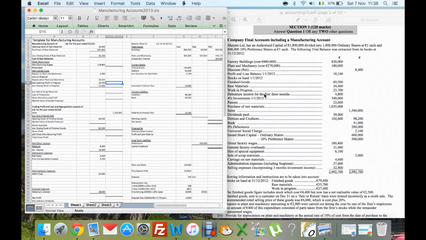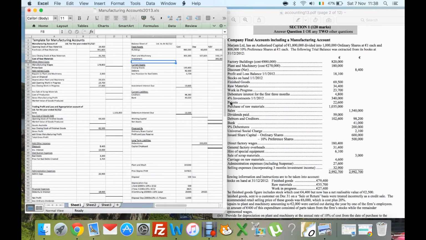Debenture interest, we've already dealt with that figure, we've adjusted that. 4% investment, 340 grand. I don't have that up here, so I'm going to just squeeze that. We have investments, not investment interest. We've put that in. And we've provided for the investment interest due. And just quickly checking, that investment interest due is a current asset.